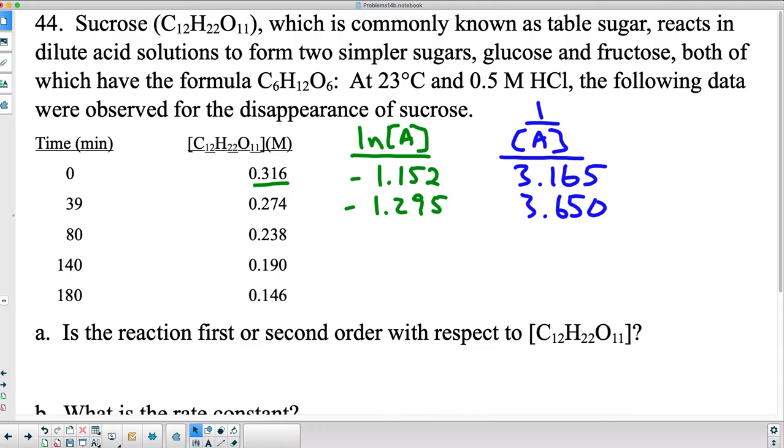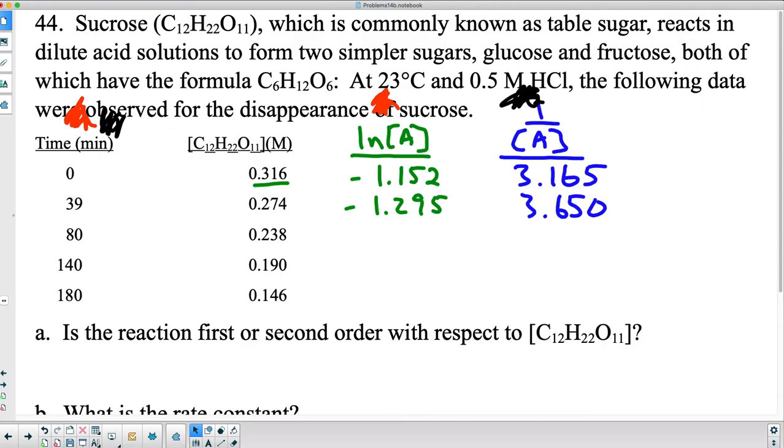So what I'll do is I will graph for the natural log, this one here and this one here, and we'll see what the graph looks like. If it's a straight line, I can stop because then it's first order. Or I'll graph the time here and this one here, and then I'll see if that's a straight line, the 1 over A. I only have to graph one, because if it's not a straight line, then it must be the other one.